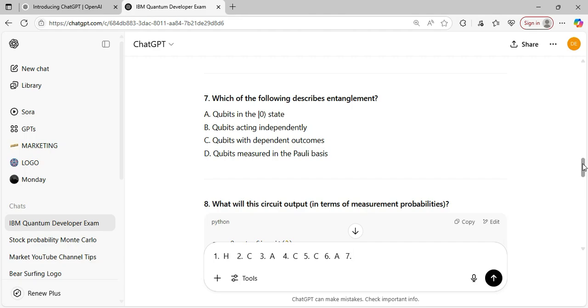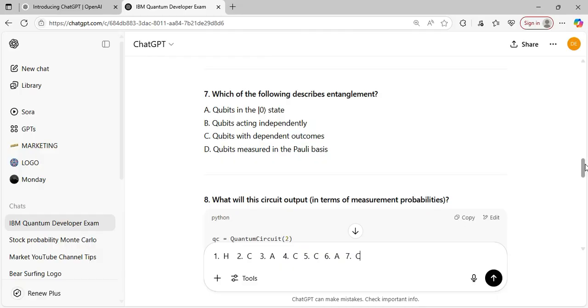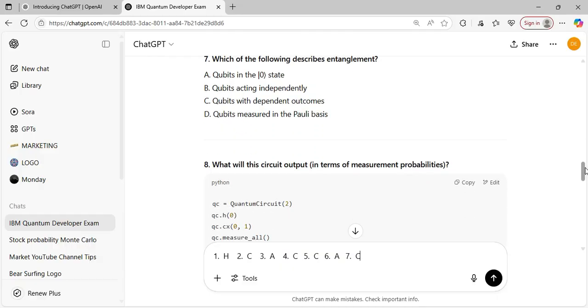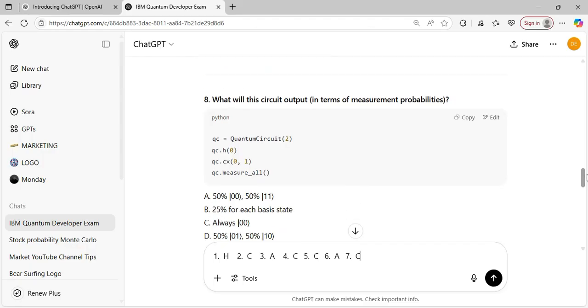Nah, it's not qubits acting independently. It's either C or D. I think it's C, because whatever one qubit does, the other qubit does the opposite. But it could be D.